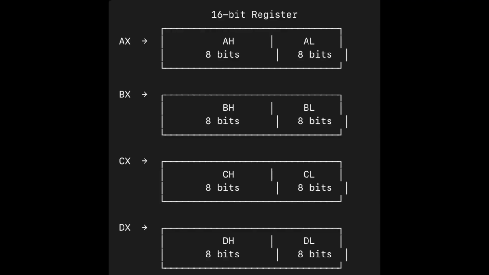The registers are further divided into two parts each, like AX into AH and AL, BX into BH and BL, CX into CH and CL, and so on. The H represents the higher order bits and L represents the lower order bits. So all four registers have their own higher order and lower order bits.